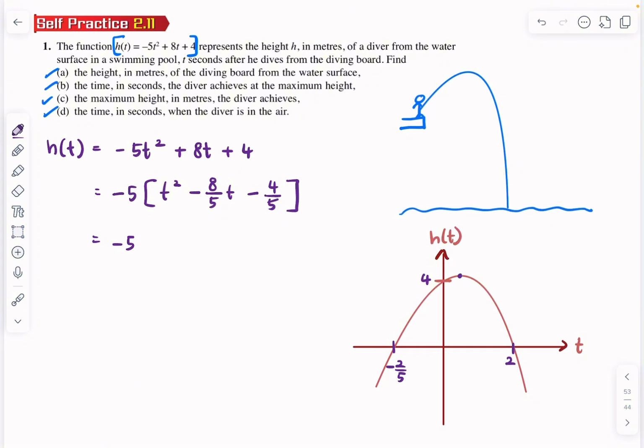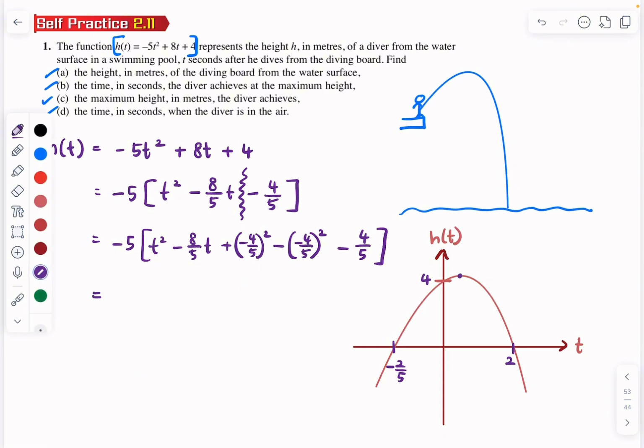And then to complete the square, you have to break this down. So t squared minus 8/5 t, we plus bracket square minus bracket square, and then continue. Inside the bracket will be b/2, so -8/5 divided by 2 will be -4/5. Then this and this will come together: -5 times (t minus 4 over 5) squared.